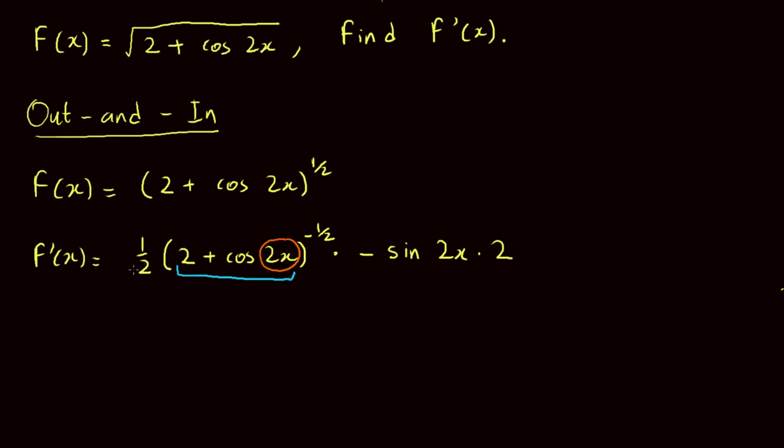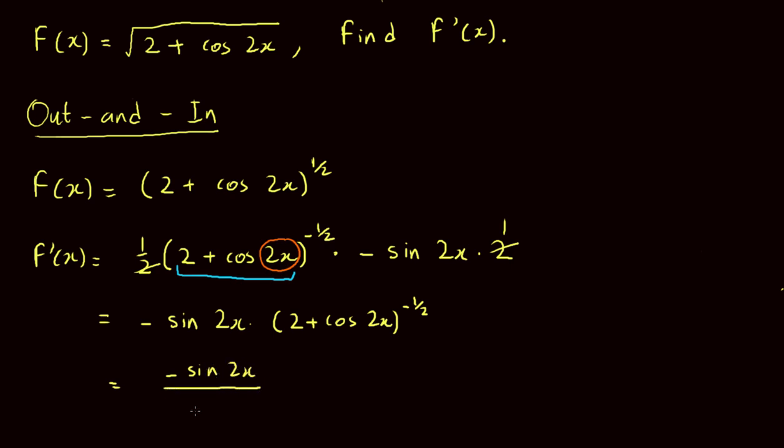Half and 2 cancel out, giving us 1. So we have negative sine 2x multiplied by 2 plus cosine of 2x to the power of negative half, which we can rewrite as negative sine 2x over the square root of 2 plus cosine of 2x.